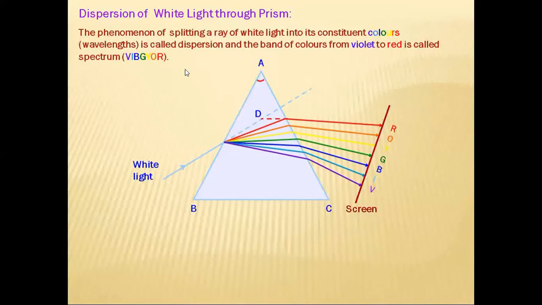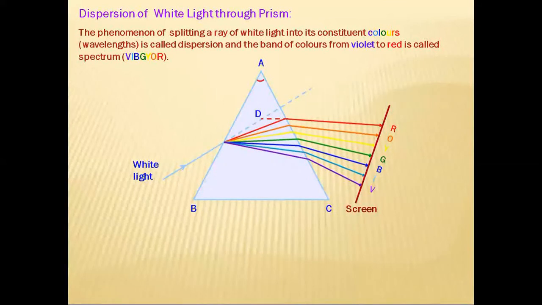Now I discuss the dispersion of white light through a prism. In 1666, Newton noticed that when sunlight goes through a prism, the projection on a screen creates a beautiful formation of light. So white light is not just a simple color, it is a composite color. After refraction through the prism, the rays are divided into primary colors.